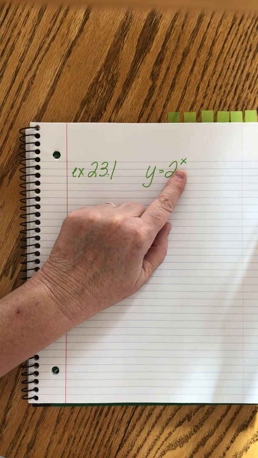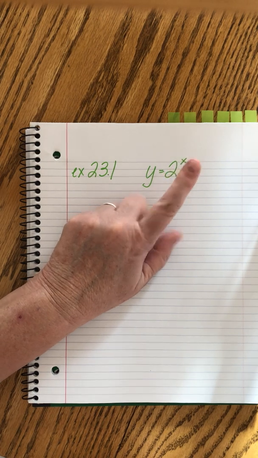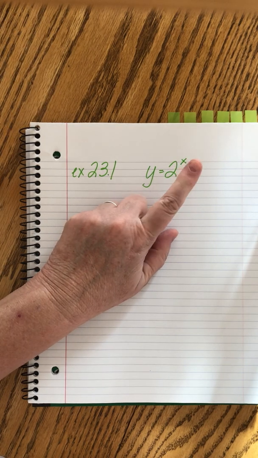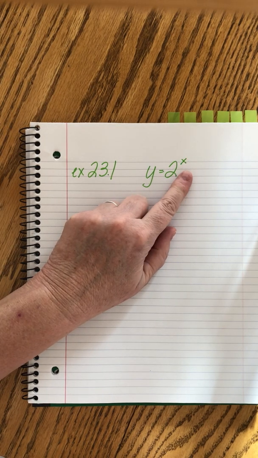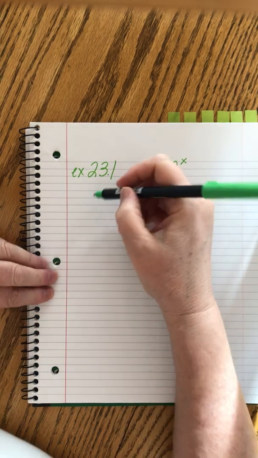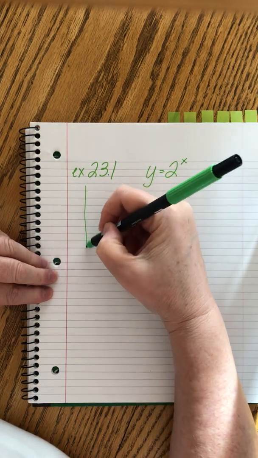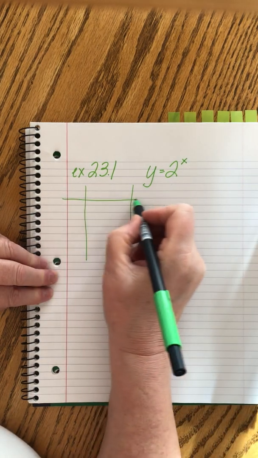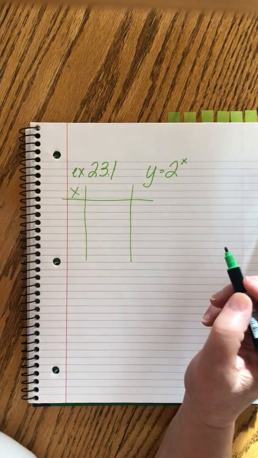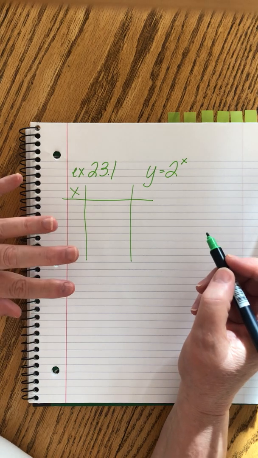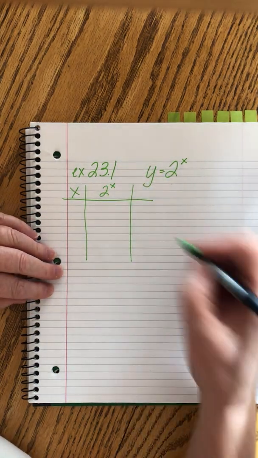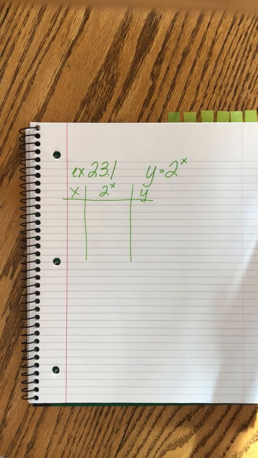That's what makes this different. So we want to graph this, but we'll first start by making a chart. We'll pick some x values. We'll think strategically about how to do that. And we'll calculate it, and then that will give us our y value.